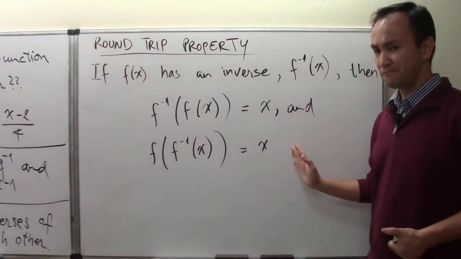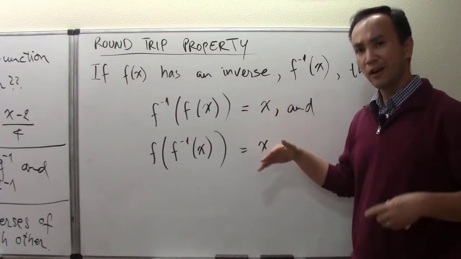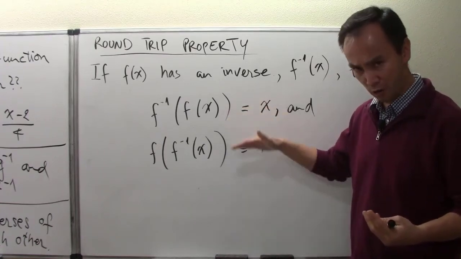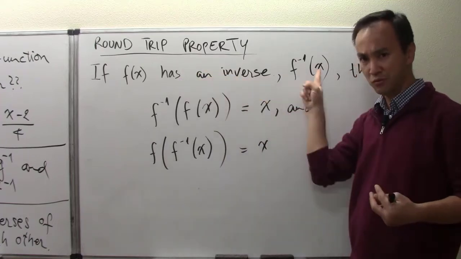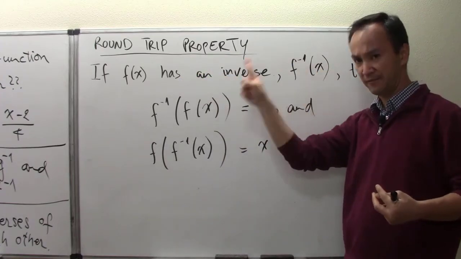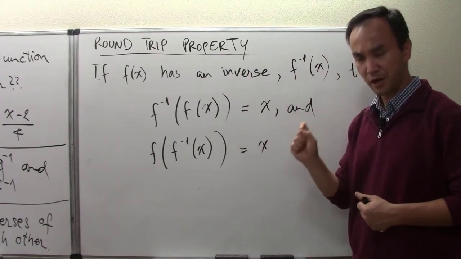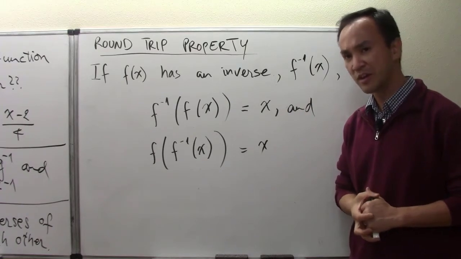Now, if we look back at this statement in the way I wrote it, logically speaking, we will know these two if we knew the two functions have an inverse relationship. Pause the video or rewind the video to think of what I said, or to hear what I said again.